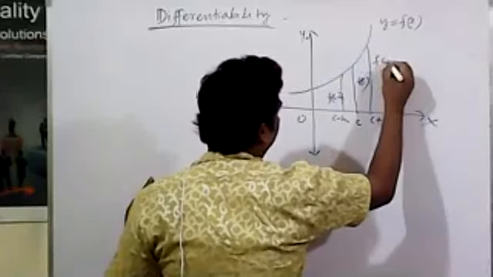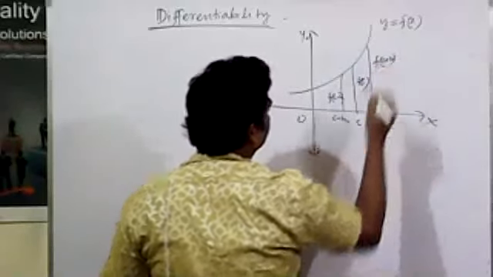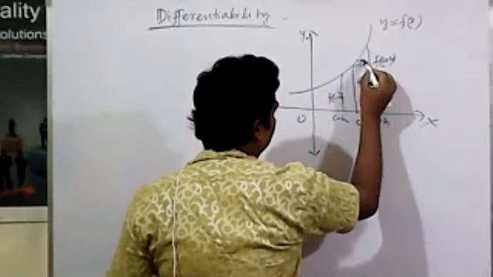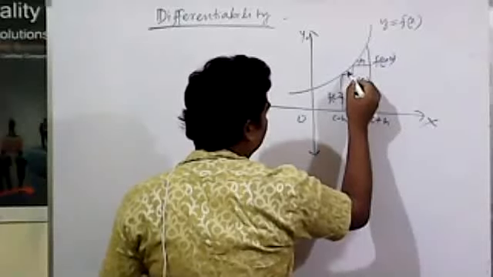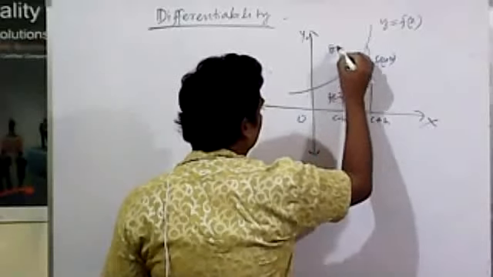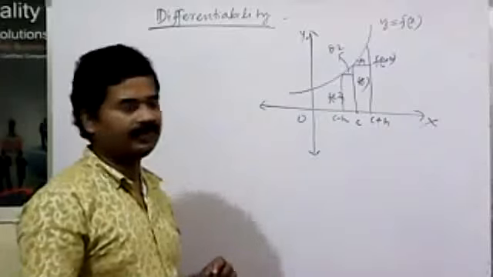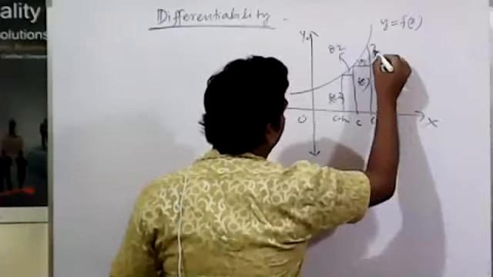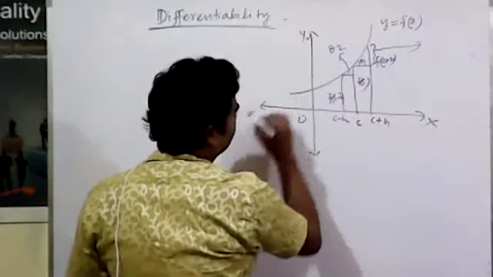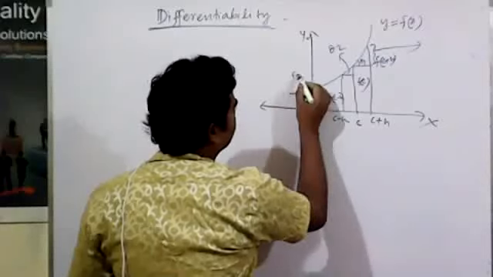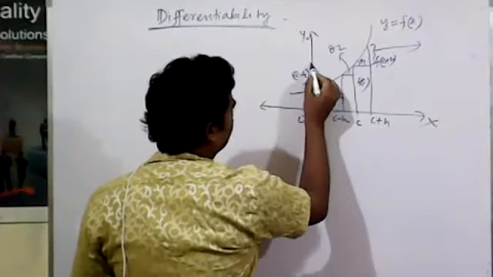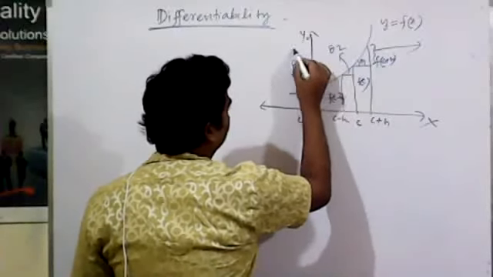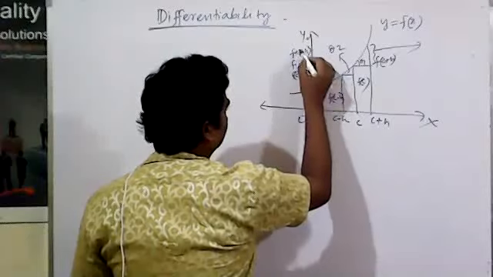This angle is theta 1 and this angle is theta 2. So this point is f(c minus h), this point is f(c), and this point is f(c plus h).